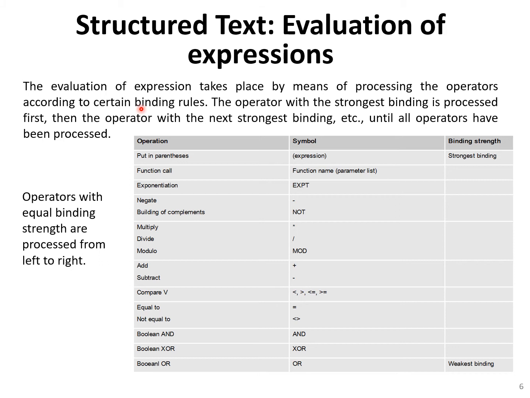Then the operator with the next strongest binding, etc., until all operators have been processed. So here we have a list of operations and their symbols, listed from the strongest to the weakest in terms of binding.